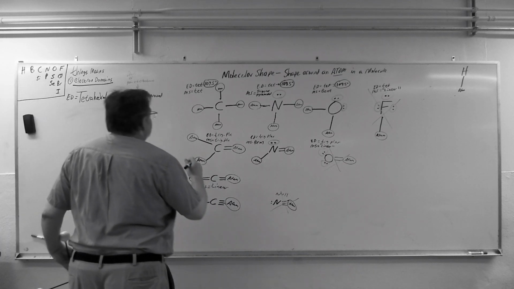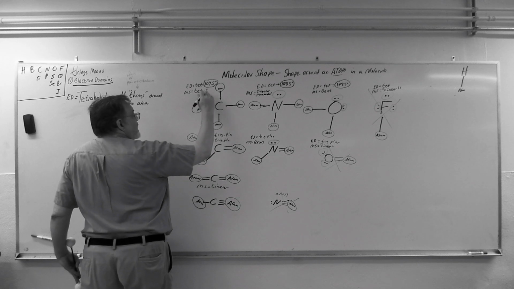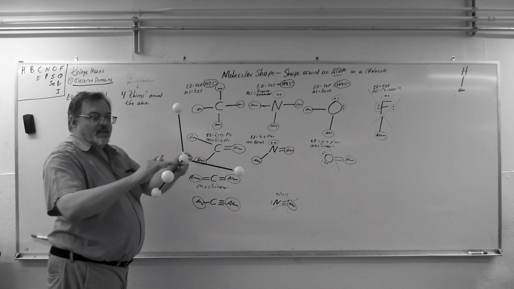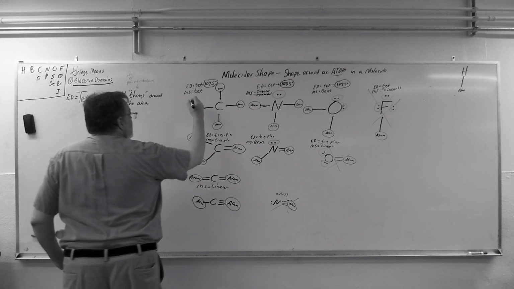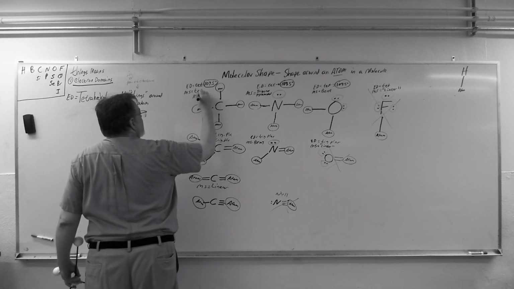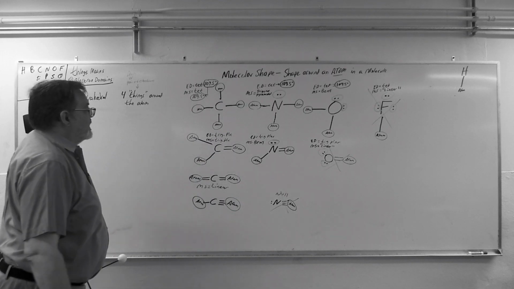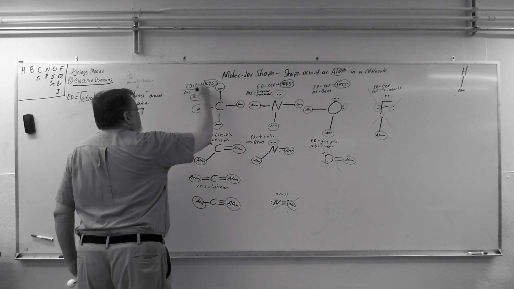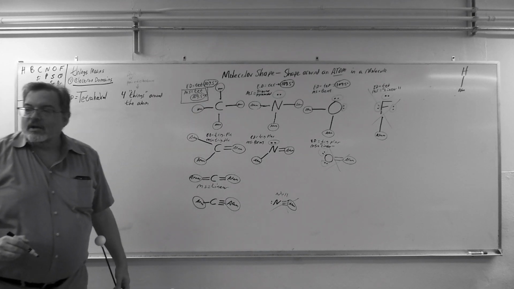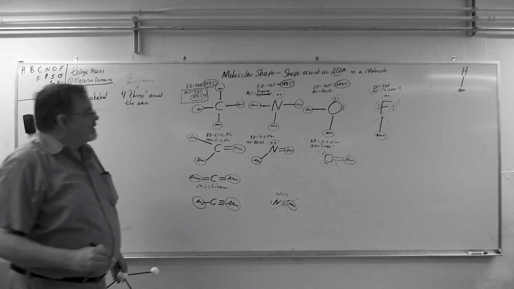So what we really say is this is tetrahedral, and the angles between the atoms, we call these bonding angles. Its molecular shape is tetrahedral, but that's really coming from the general idea of the electron domain. So really, molecular shape tetrahedral, bonding angle 109.5.